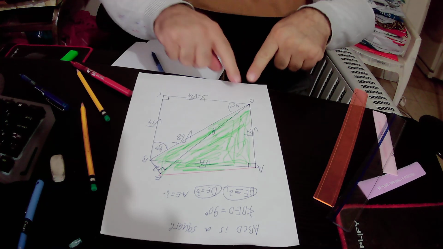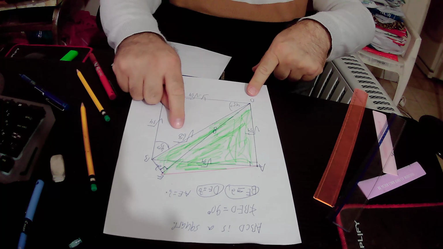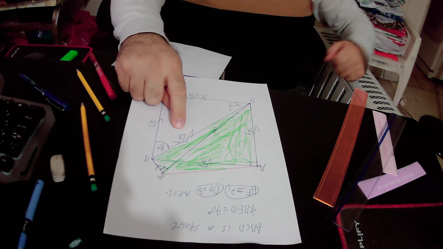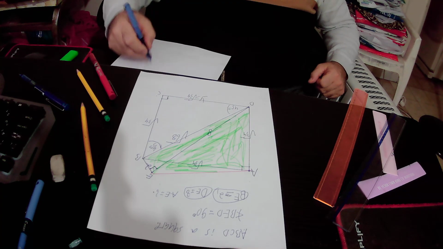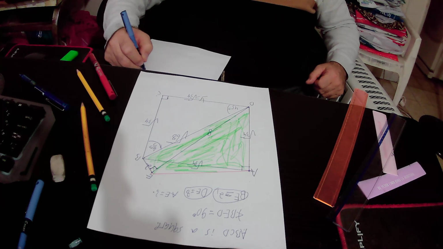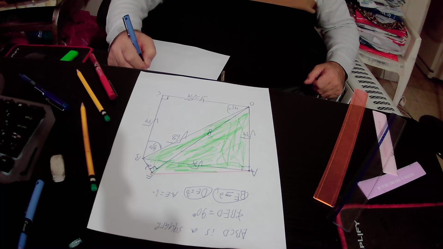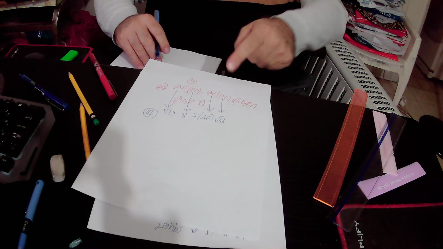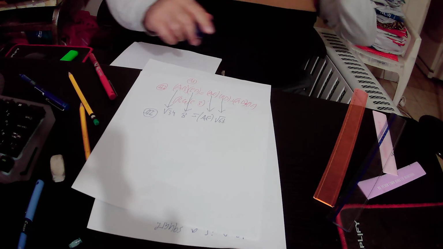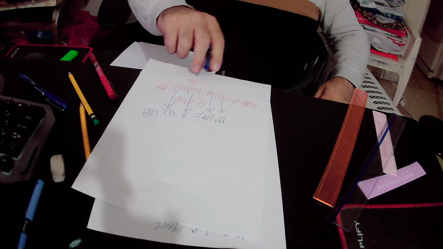What is the size of BD? The size of BD, we've already found out, is square root of 68. Again, AE is AE, and DB equals square root of 68.